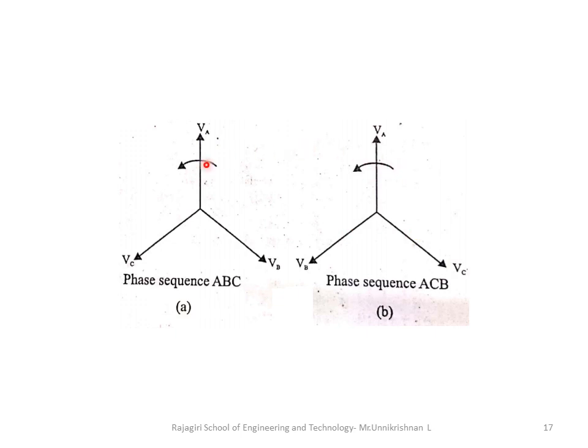So here the direction of rotation is the same, anti-clockwise, but you get a different phase sequence because of interchanging the coil position or the connection.